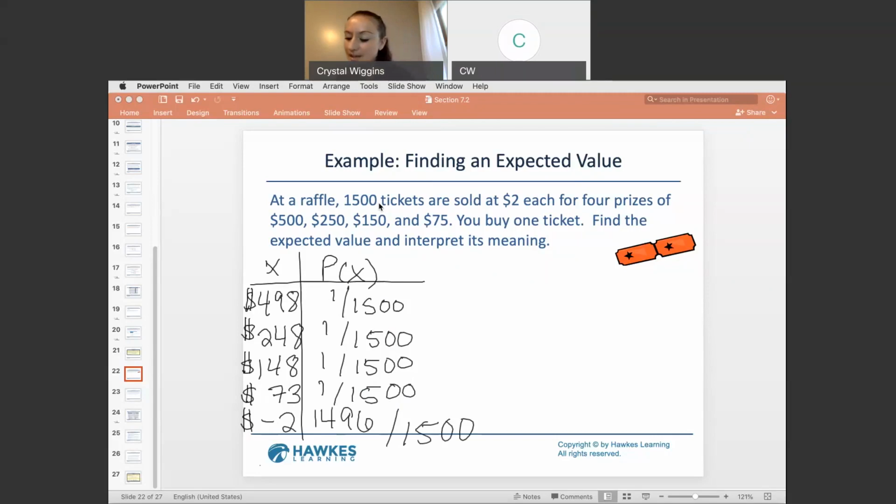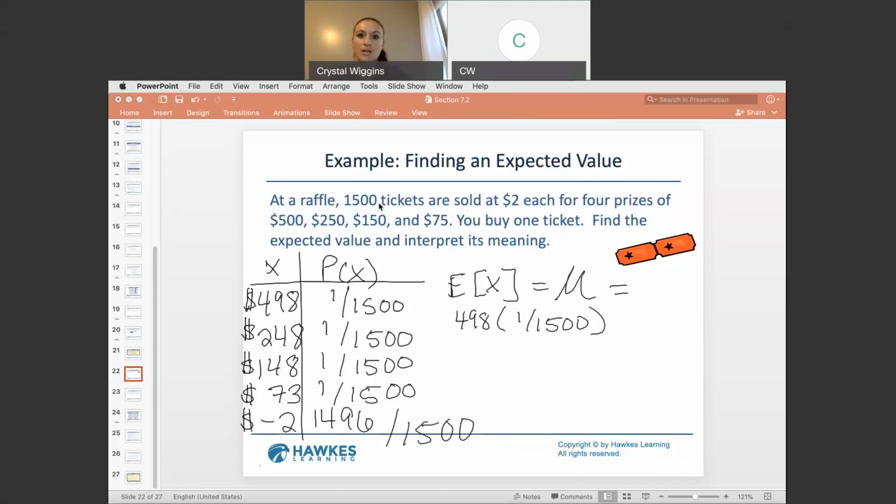Now, to calculate the expected value of the single ticket that you're holding would be the same as calculating the average outcome. And in order to do this for a probability distribution, we take 498 and multiply it by 1 over 1500.